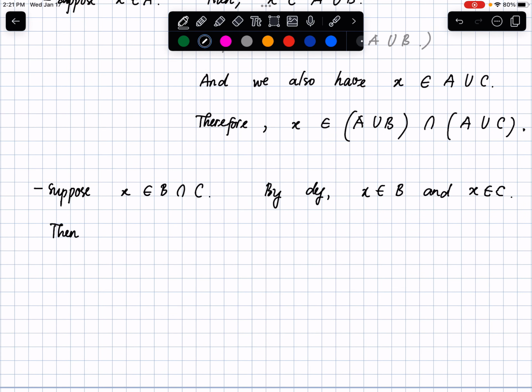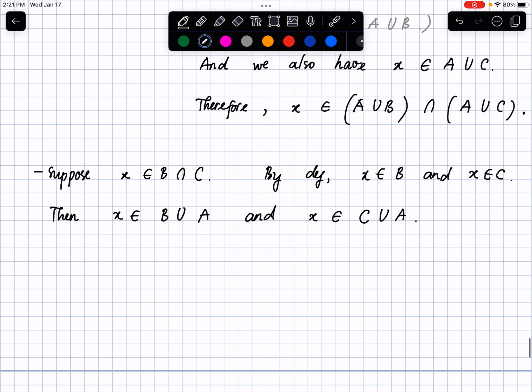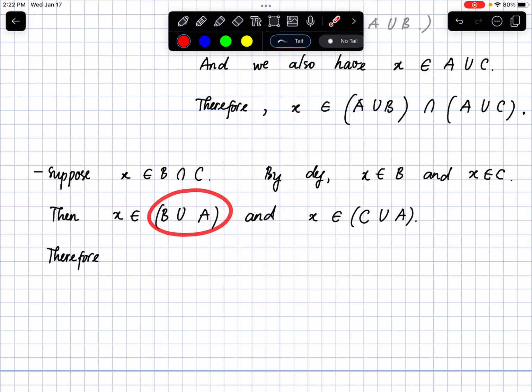Then x is an element of B union A and x is an element of C union A. Right? Therefore, x must be an element of the intersection of these two sets, which is this one.